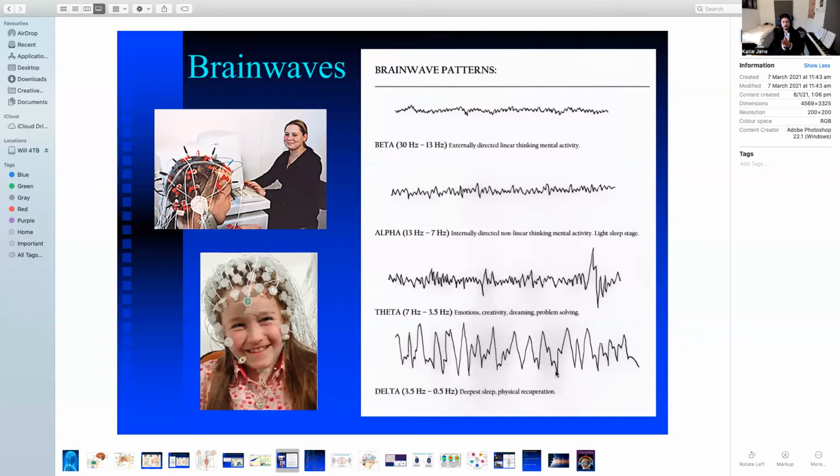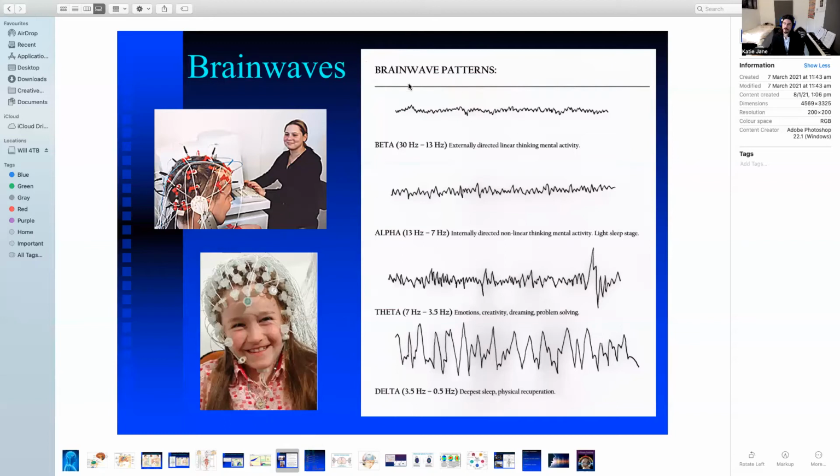So that's what biotuning is trying to do, is to relax it, to bring the nervous system to homeostasis and to bring the brainwave activity into coherence so that the body can essentially perform the task that it was made to perform, like physical healing and all the rest.